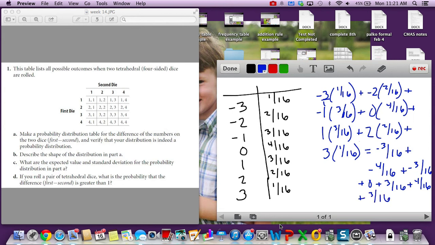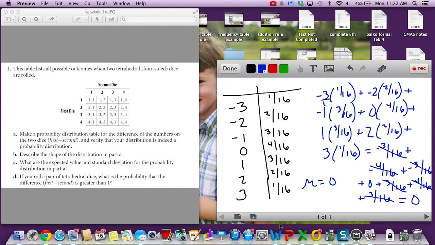So you'll notice here we've got a -3 over 16 and a +3, a -4 and a +4, a -3 and a +3. So when you add all these up, you would get 0. So our mean is 0.